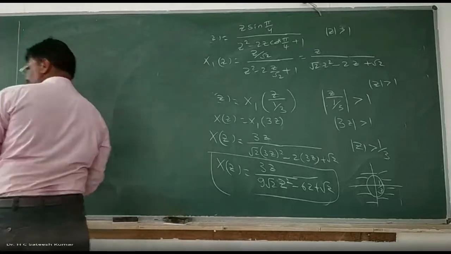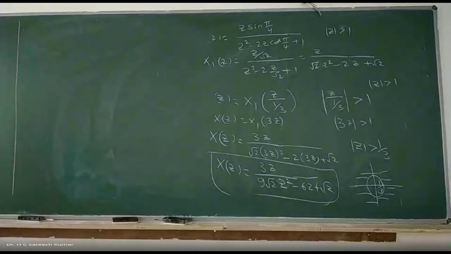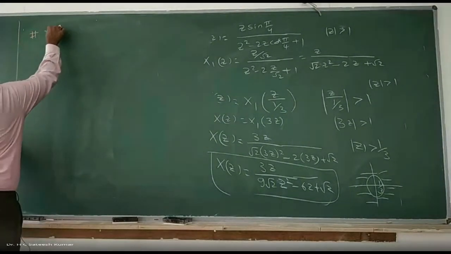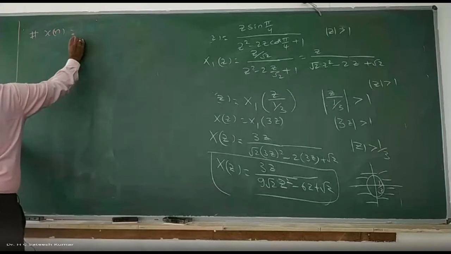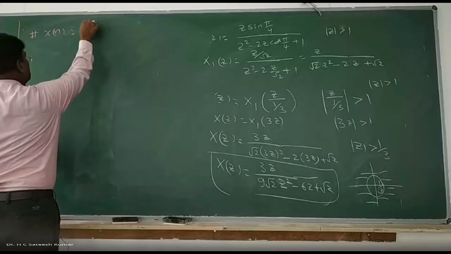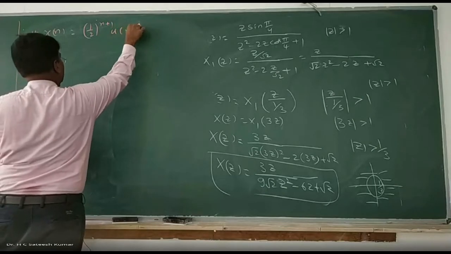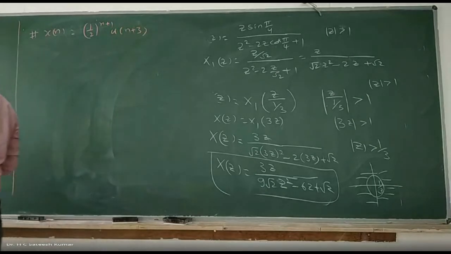Find the z transformation of x of n is equal to (1/2)^(n+1) u of n plus 3. This is also an examination problem for around 3 marks. How will you do this problem?